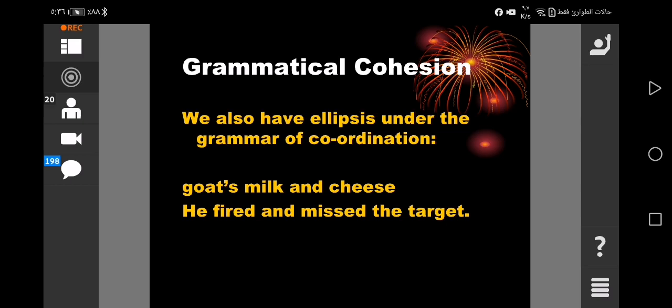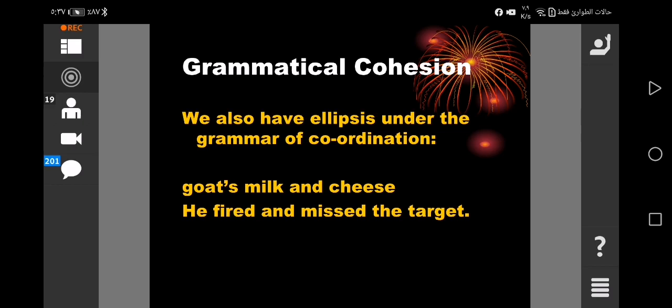We don't have has in the phrase. This is apostrophe S, not has. Yes, it refers to goat: goat's milk and goat's cheese.